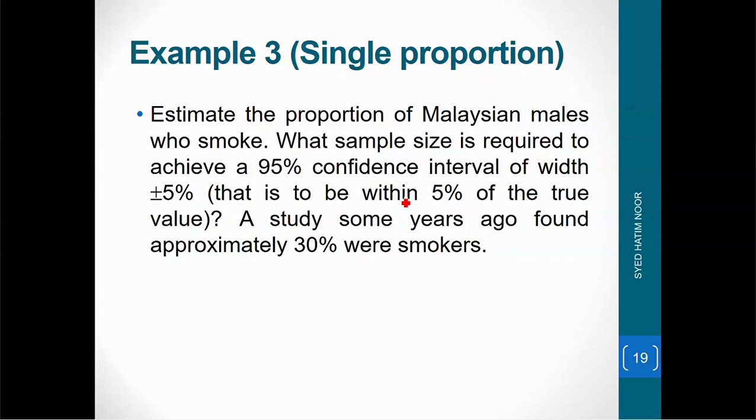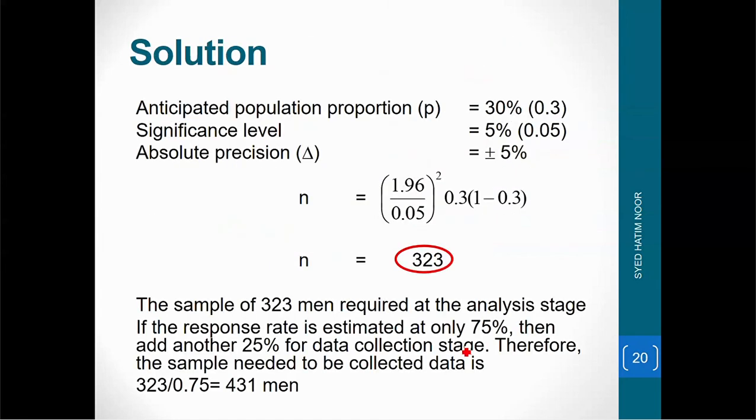So you estimate that only 75% will respond to your questionnaire, which means 25% will not respond. You estimate only 75% will respond, so your non-response rate will be 25%.